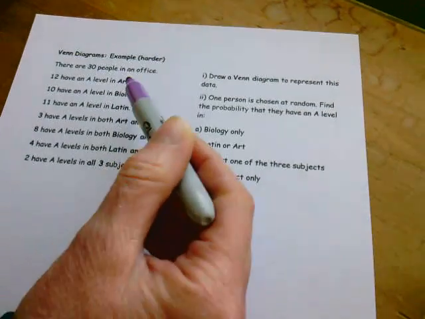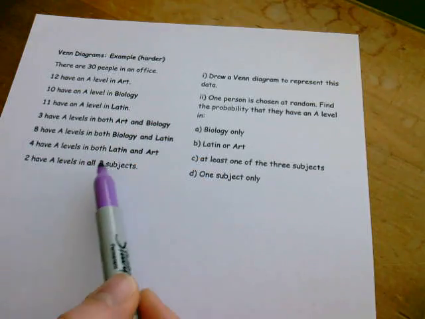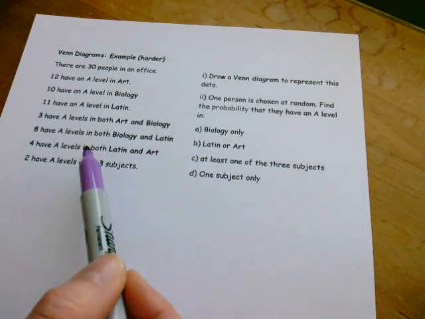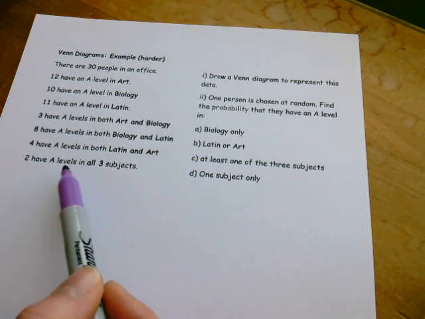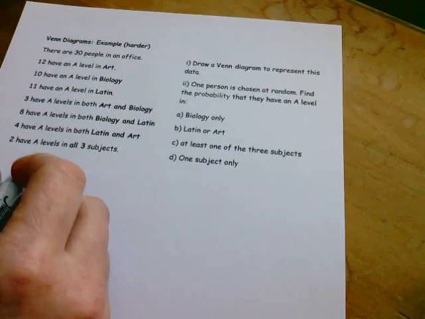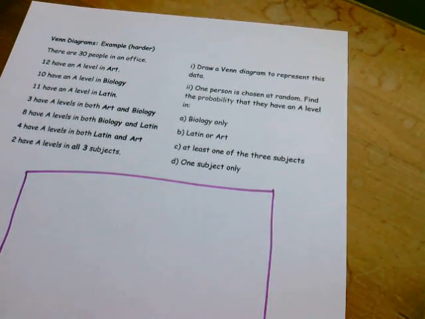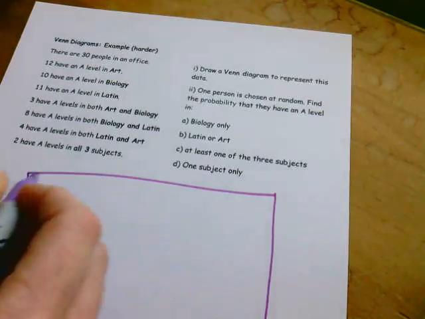Okay, so we have 3 different options, art, biology and Latin, and we have intersections between subjects and an intersection between all 3. So we're going to need to have 3 circles within our Venn diagram. We start with a rectangle.